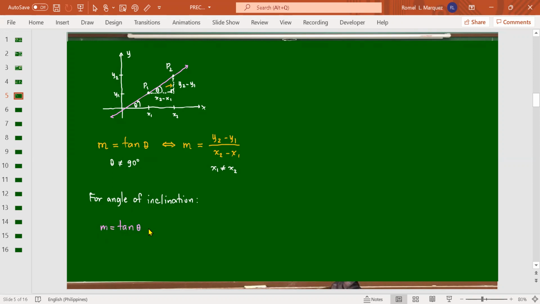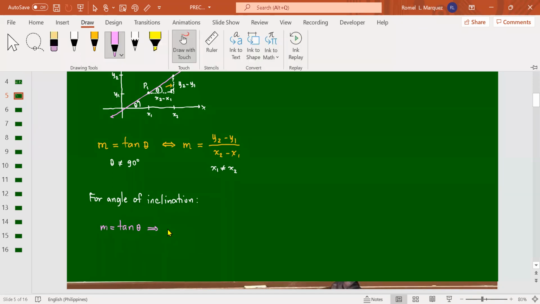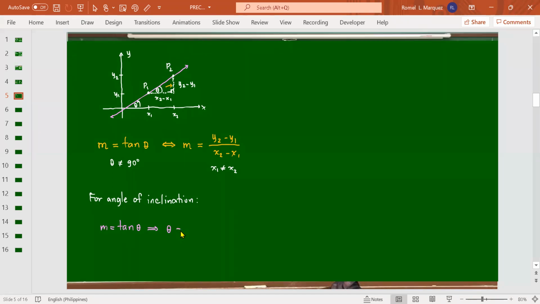Solving for theta, theta is equal to arctangent of m. What notation are you using, arctangent or with a superscript -1?